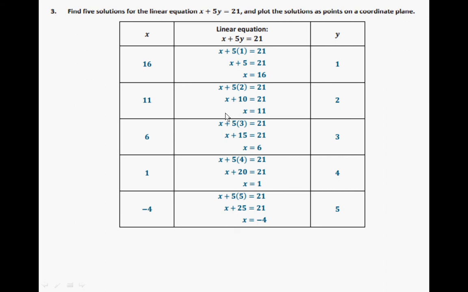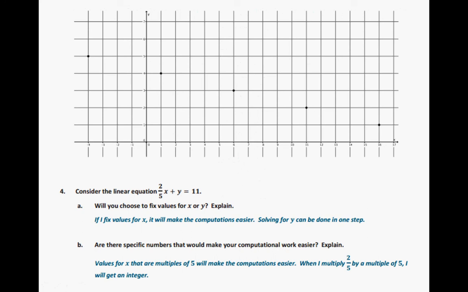You could pick different numbers and end up with fractions for y. But notice which numbers they picked to end up with whole number for y. Compare the x's to what the equation is. And again, the graph from left to right is going in a downward slope.